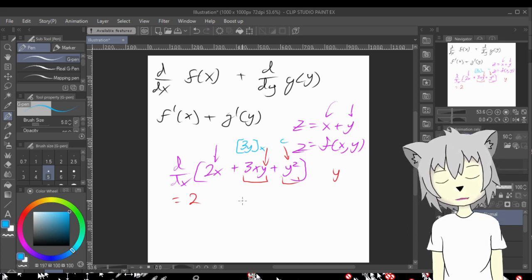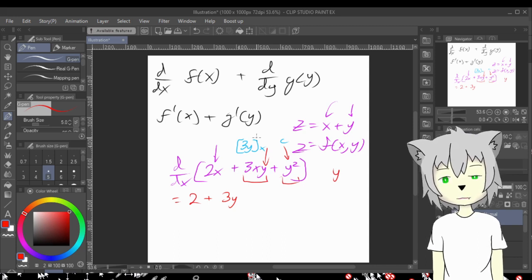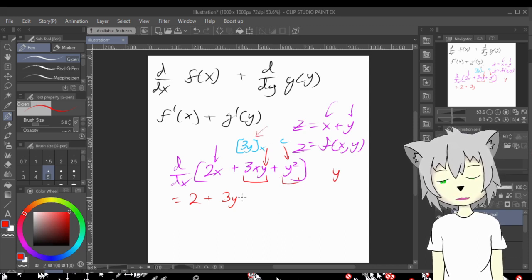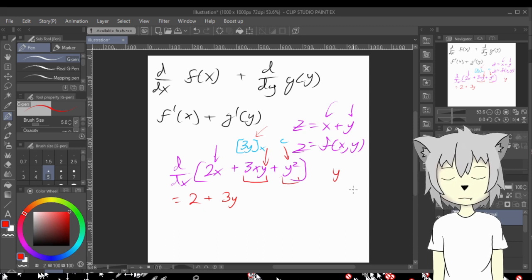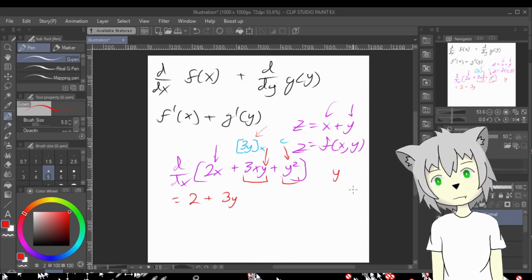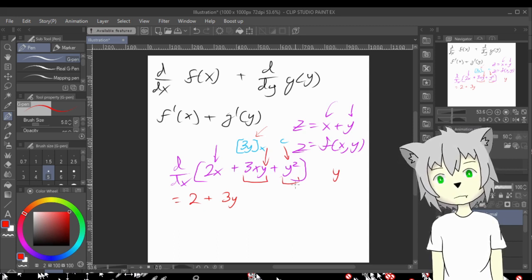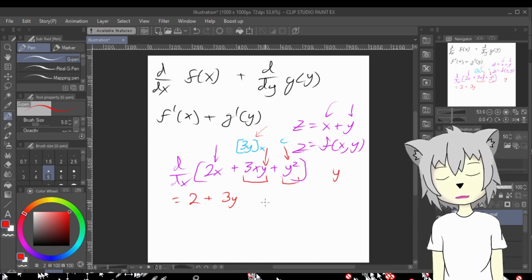So we get 2 plus 3y, because x doesn't have a power, it just cancels out. That's the slope right here. And since y squared is just a constant, its derivative is 0; the slope doesn't change for this function as x changes.